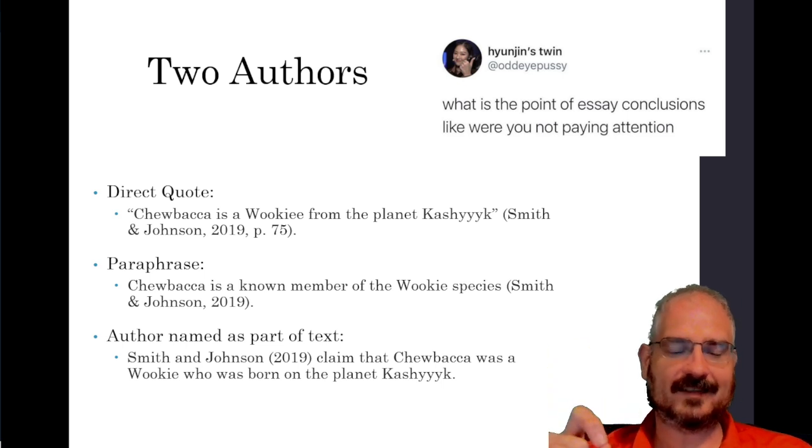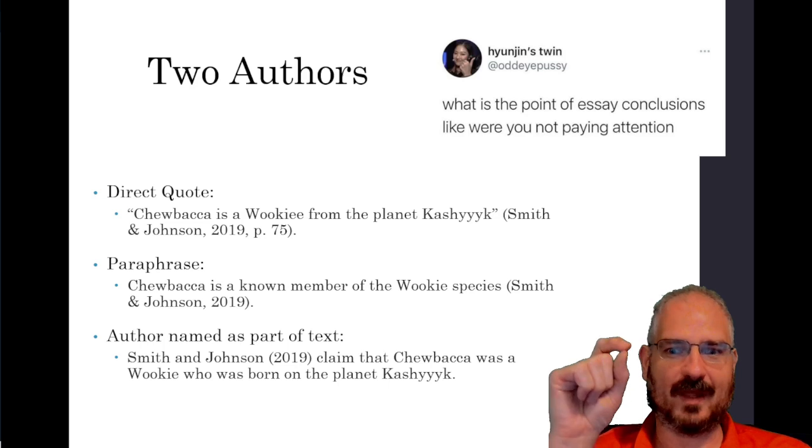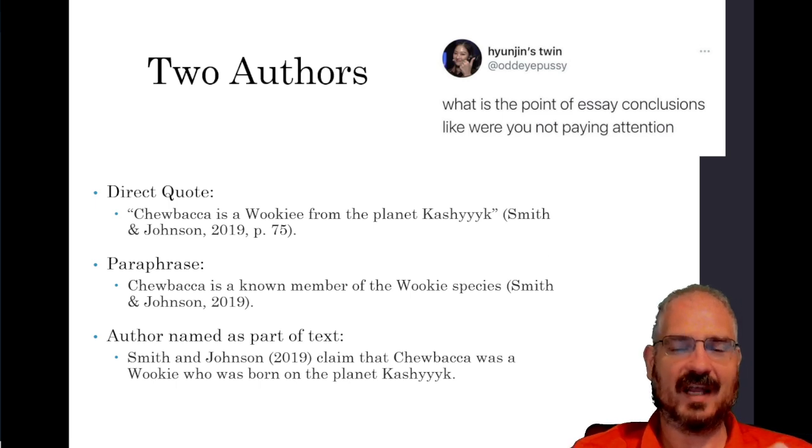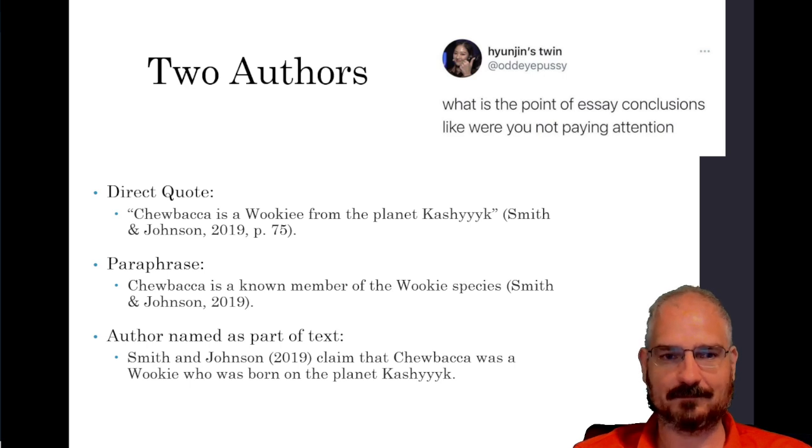So if the in-text citation includes the names within the parentheses, you use the ampersand. If you're using the author's names as part of your sentence, you spell out and, A-N-D. Okay, but other than that, it's essentially the same as an in-text citation with one author, right?